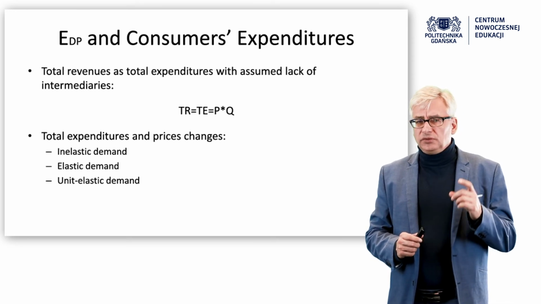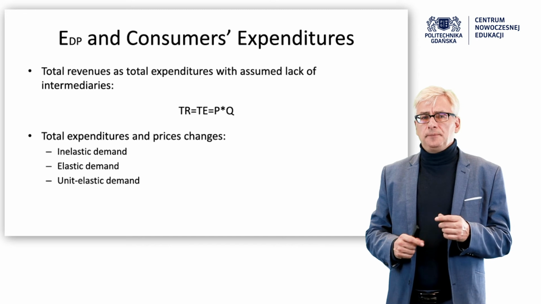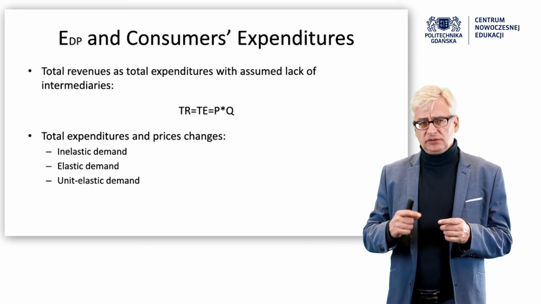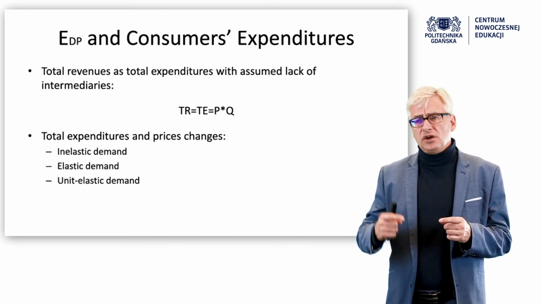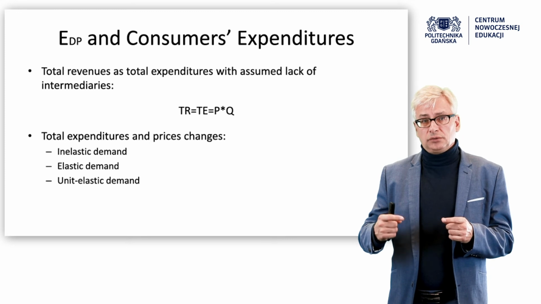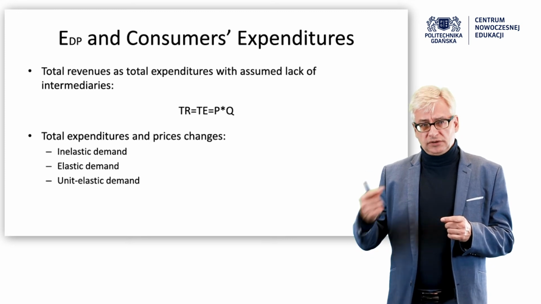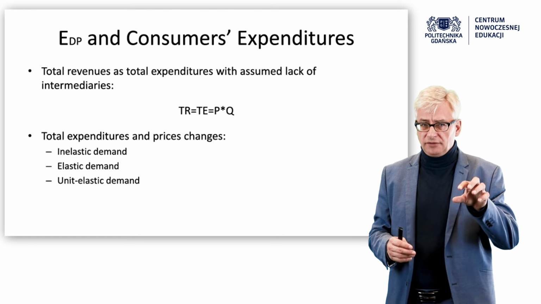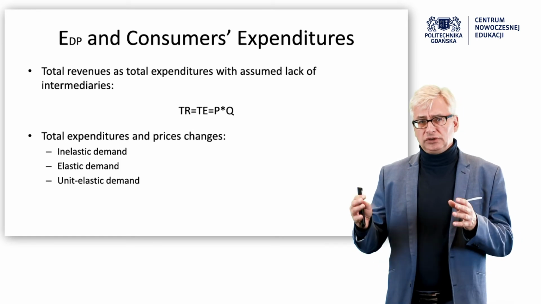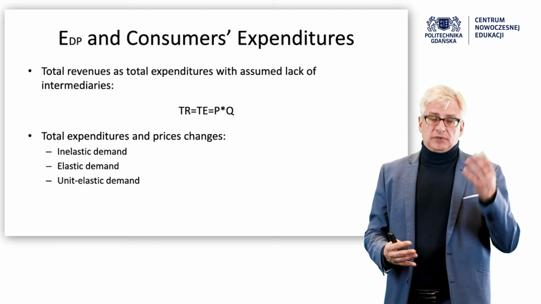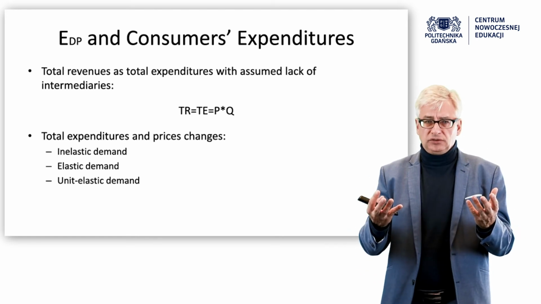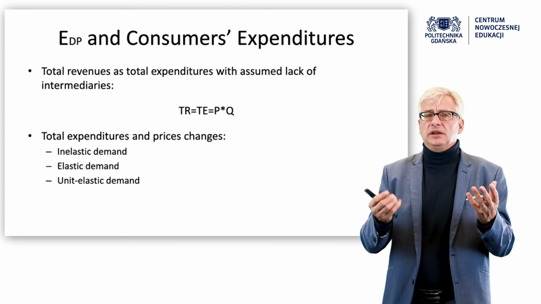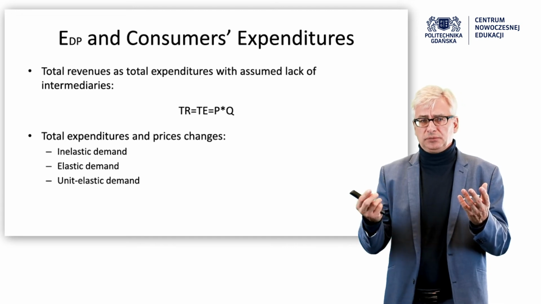It is pretty obvious when you think carefully that total revenues are just equal to total expenditures of customers. If customers spend money on some goods, the money they spend is equal to the price they have to pay times the quantity they want to buy. So revenues and expenditures are actually the same money, just perceived from two different perspectives.